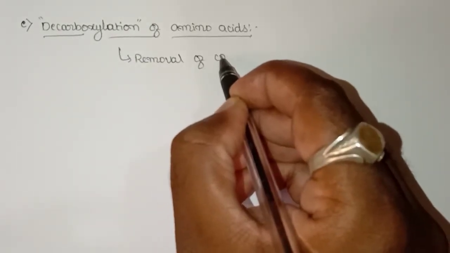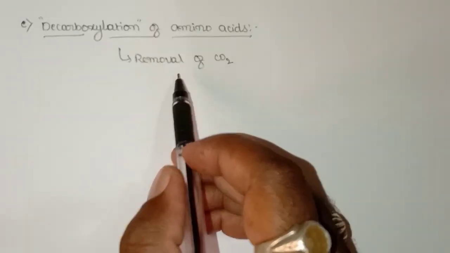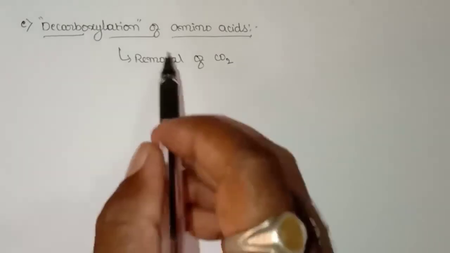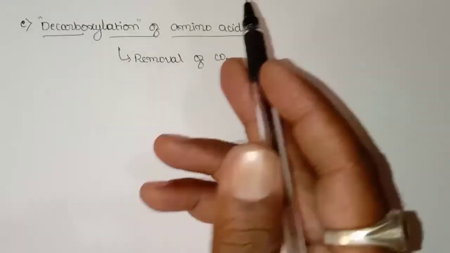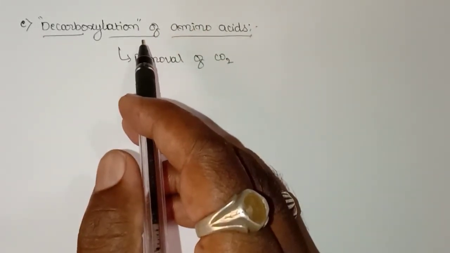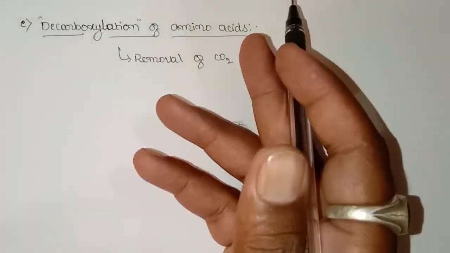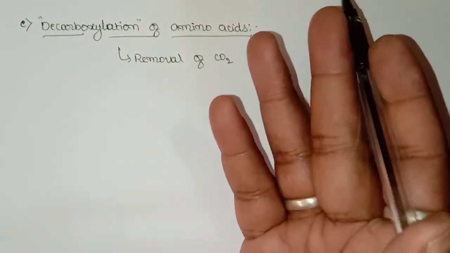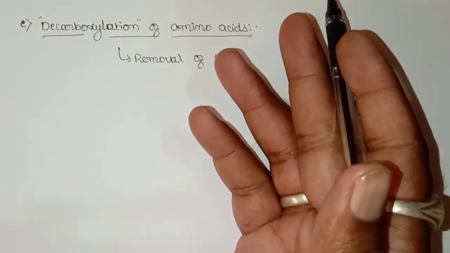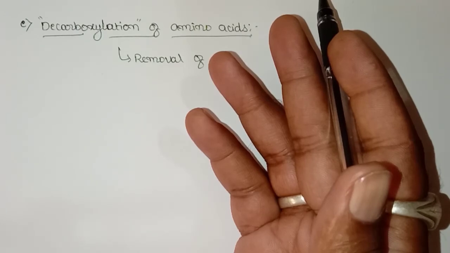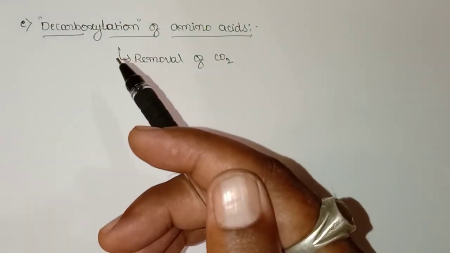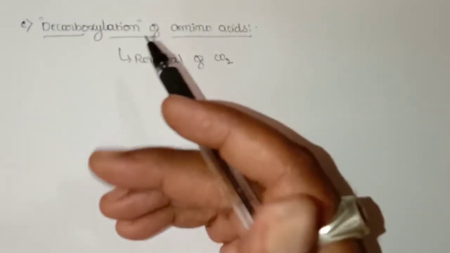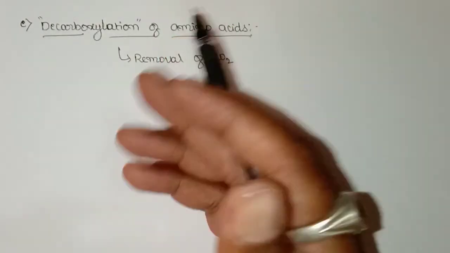If you remove carbon dioxide from a carboxylic acid, that process is called decarboxylation. To decarboxylate any compound, we would consider sodium carbonate, or go with soda lime, that is CaO plus NaOH, quicklime and sodium hydroxide.